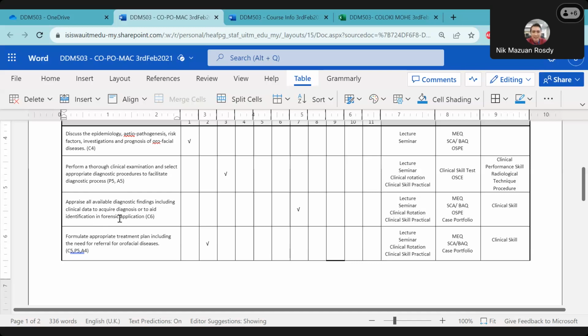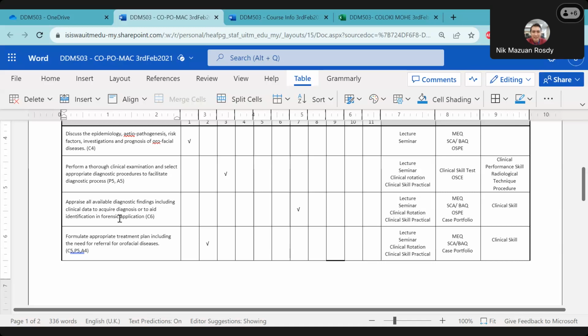Macam mana A tu behavior, P tu melakukan, to act, to do something. A tu macam dia respond, you are evaluating dia punya ethics, dia evaluating dia orang punya empathy ke apa benda, that is behavior reaction. Kalau P psychomotor lebih kepada melakukan something. Macam ambil blood pressure tu melakukan something.